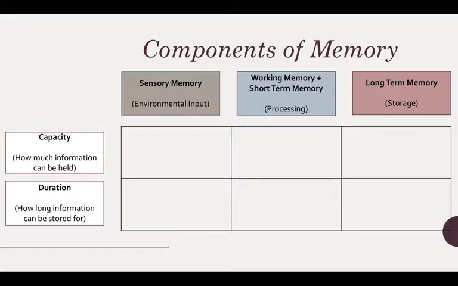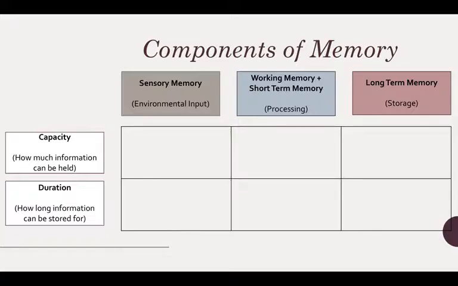When I say capacity, I'm talking about how much information they can hold. And when I say duration, I'm talking about how long they can hold information for. Really, these two components are what define each of these memory systems.